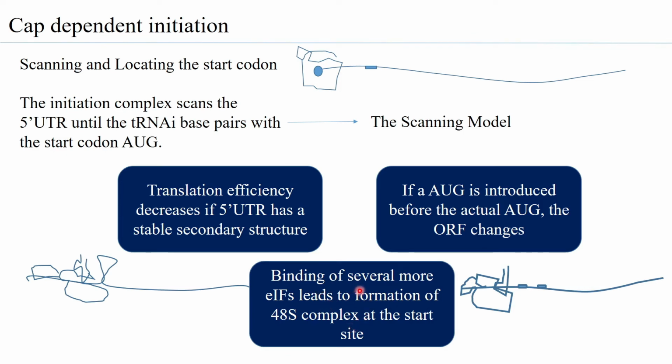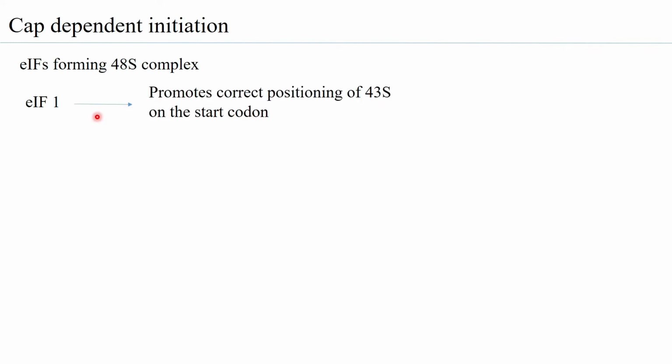The 43S will in fact bind to several other eIFs, leading to formation of the 48S complex at the start site. So let us look at which are the eukaryotic initiation factors that form the 48S complex. eIF1 is one component that promotes the correct positioning of the 43S on the start codon.